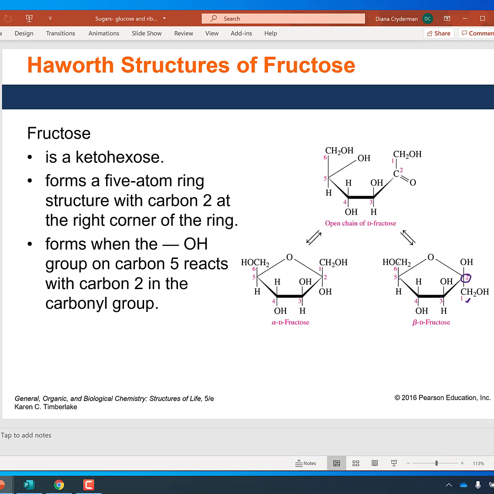And when it comes to alpha versus beta, we still have the same idea where the alcohol that used to be part of the ketone now can be down for alpha D-fructose or up for beta D-fructose.